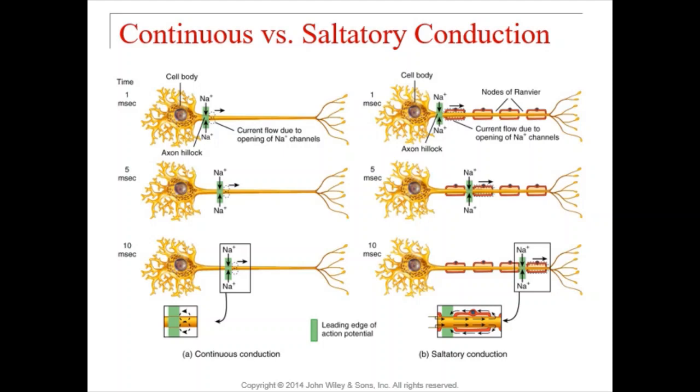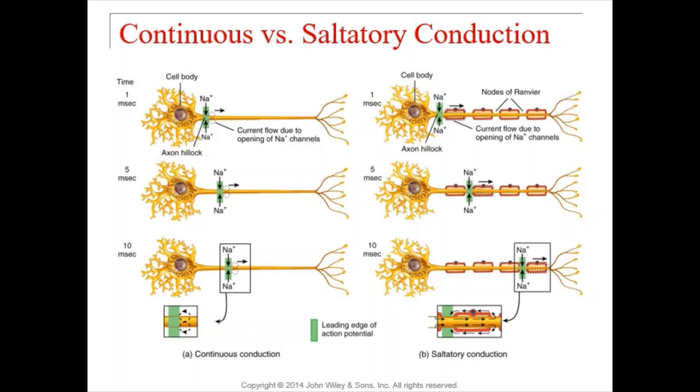You're hopping from intersection to intersection, almost like the action potential jumps from node of Ranvier to node of Ranvier. So you're going to get to your destination faster. So we say saltatory conduction is faster than continuous conduction. Why? The action potential jumps from node of Ranvier to node of Ranvier.